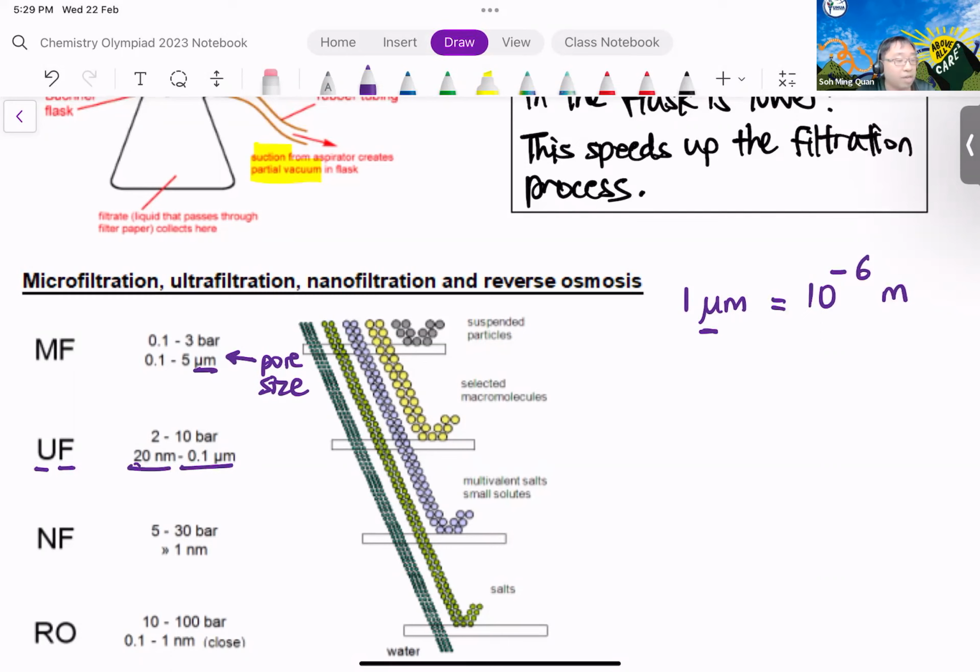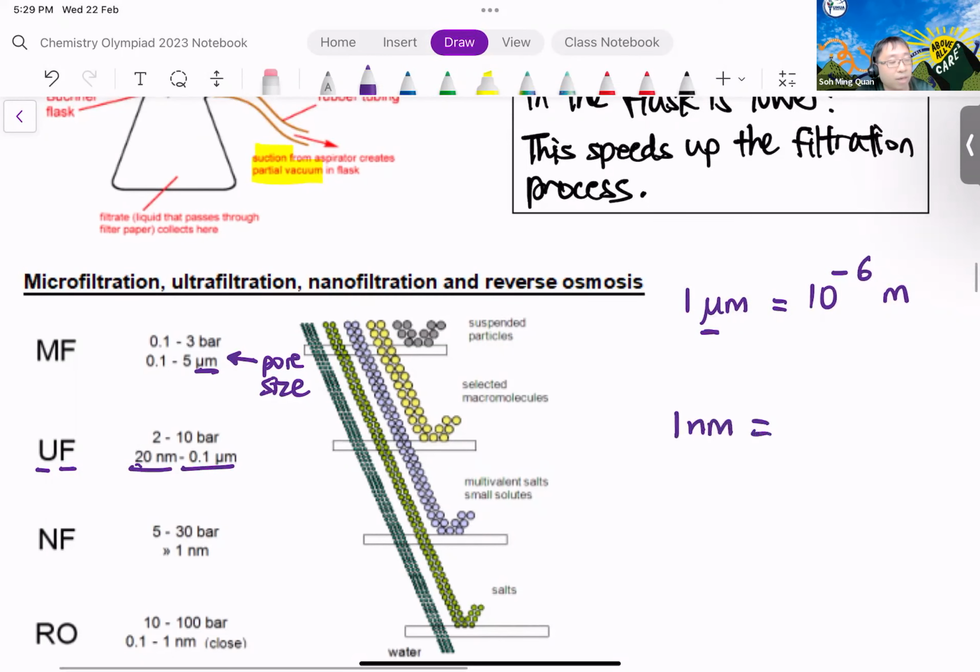So nanometers is even smaller. 1 nanometer is 10 to the power of -9 meters. So your kidneys are able to filter out particles that are about 10 to the power of -9 meters. And that's the amazing part of the human body, right? And that's why we study bio, right? So that's ultrafiltration. It's present in your kidneys.